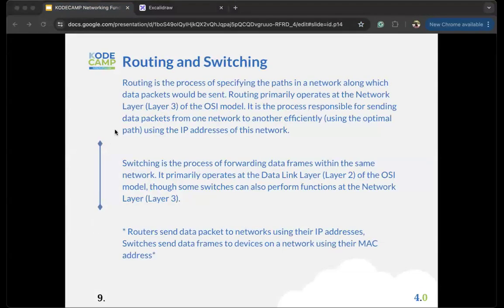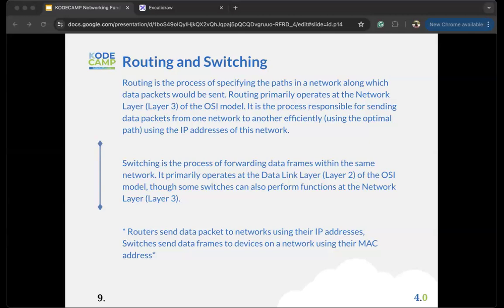Moving on to routing and switching now. Routing in a network is the process of specifying the path along which data packets within the network are sent. So you have a router that operates on the network layer, and it's responsible for sending packets from one network to another, right?